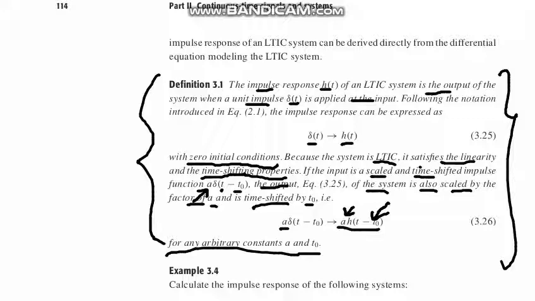In the previous approach, you had to find a differential equation satisfying certain conditions, second order linear constant coefficient, and that would be an LTIC system. But here, if you just put the unit impulse at the input and get the same result, it is an LTIC system. If you put scaled and time shifted inputs and also get the same thing, it is definitely an LTIC system.